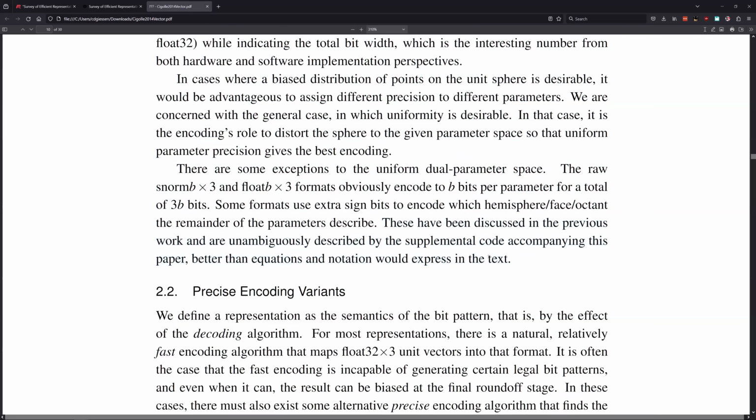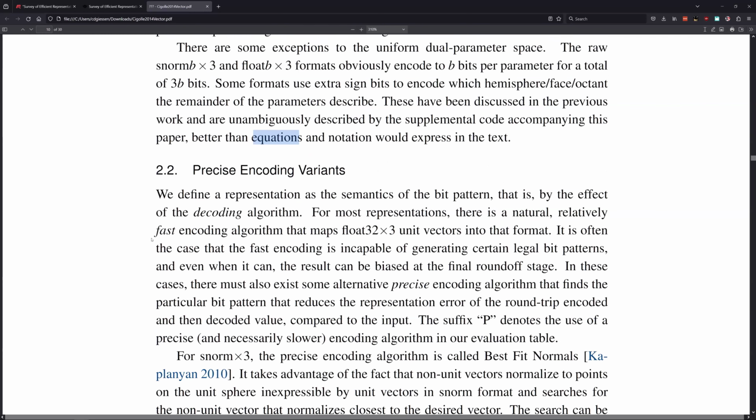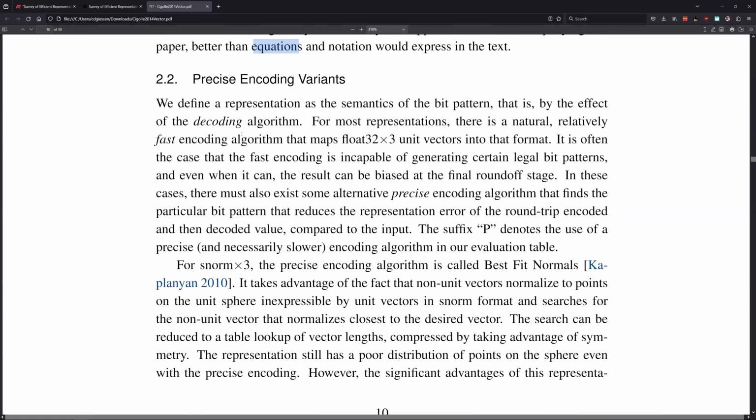I like the omission that some formats using sign bits and other various things don't fit well to the descriptive text, and just look at the supplemental code. An equation trying to handle positive or negative bits is not the most elegant thing, generally.